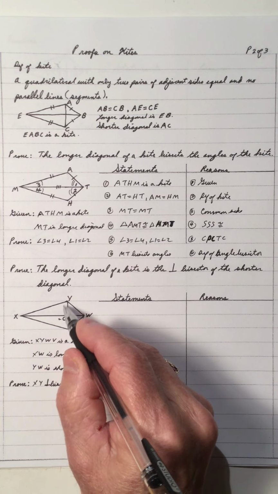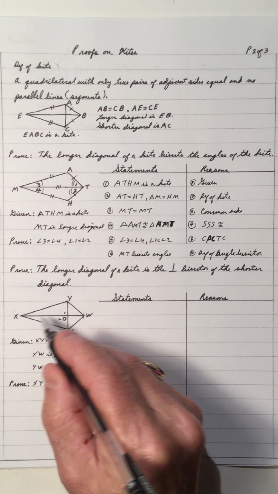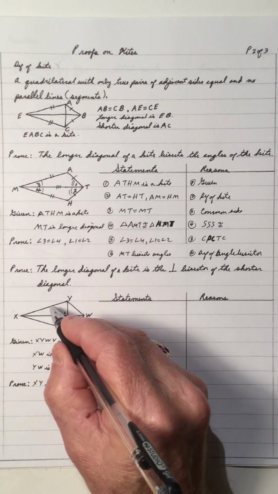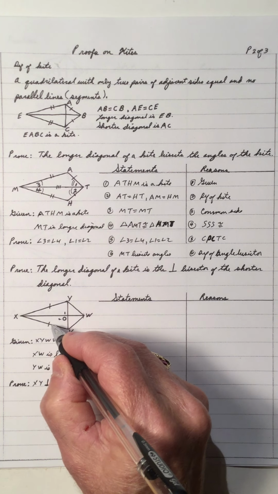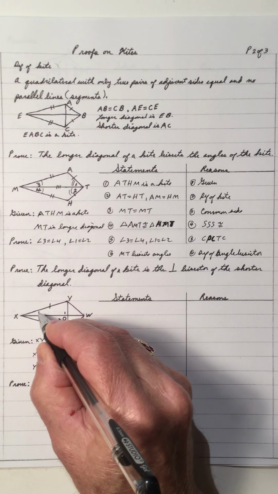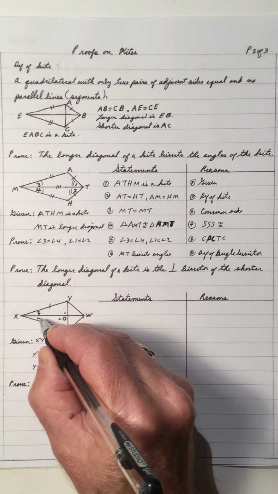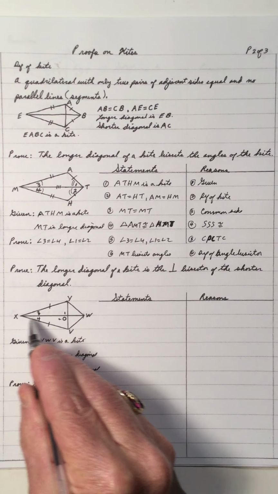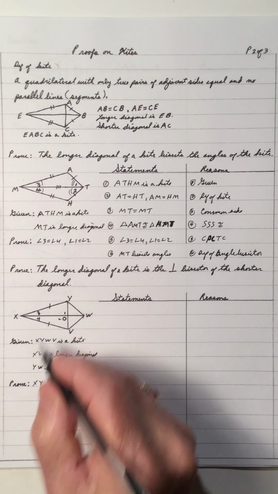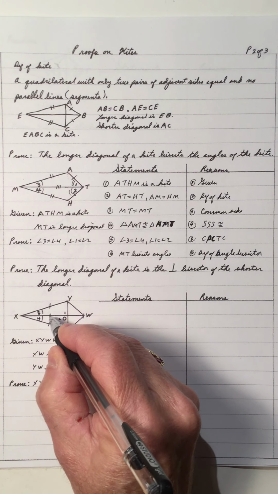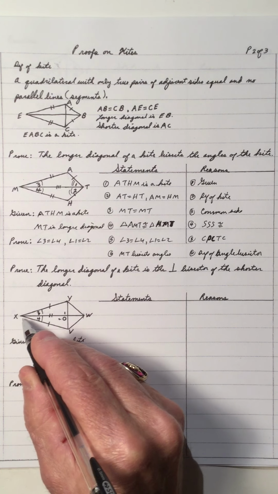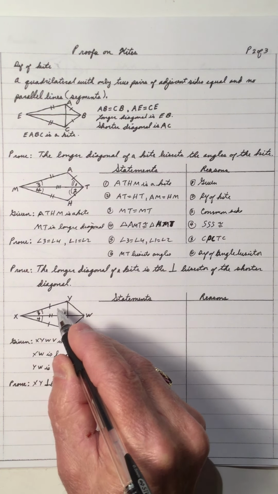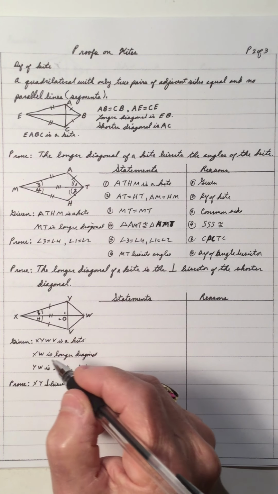So OY and OV are in the triangles YXO and VXO. So we have that side equals that side because we have a kite. We have angle 3 equal to angle 4 because the longer diagonal bisects the angles of the kite. And we have XO equals XO, common, so these two triangles, YXO is congruent to VXO by SAS congruency.